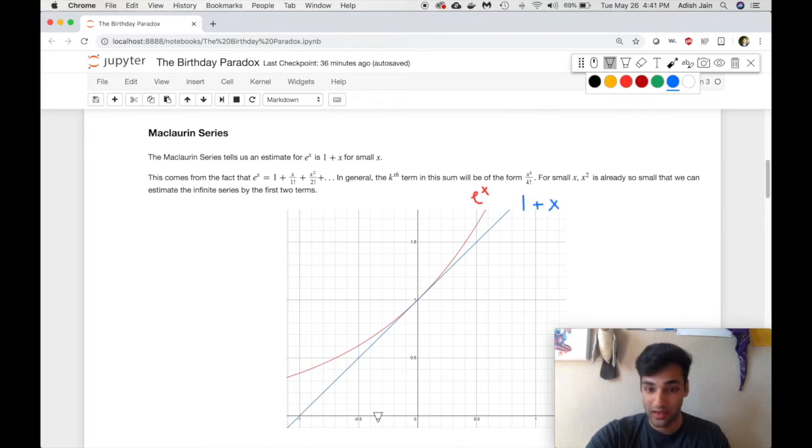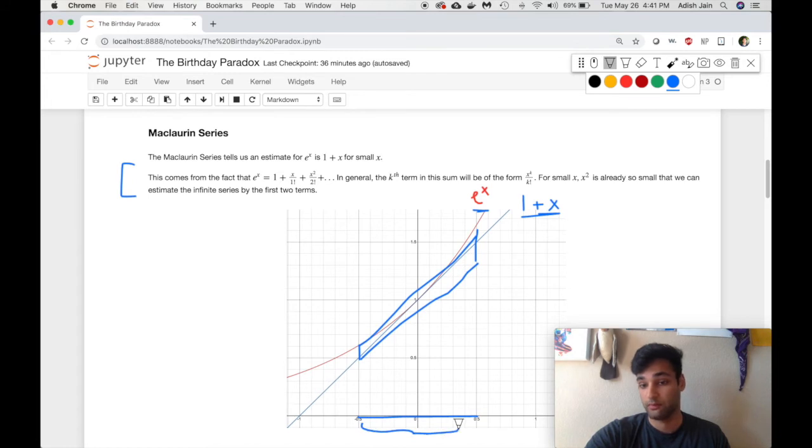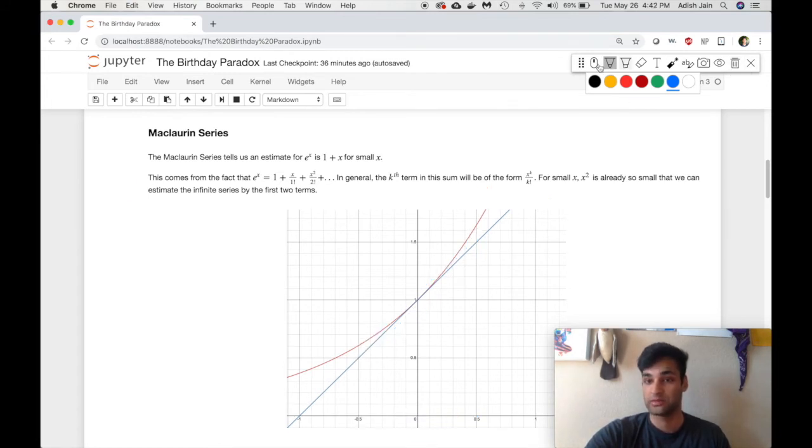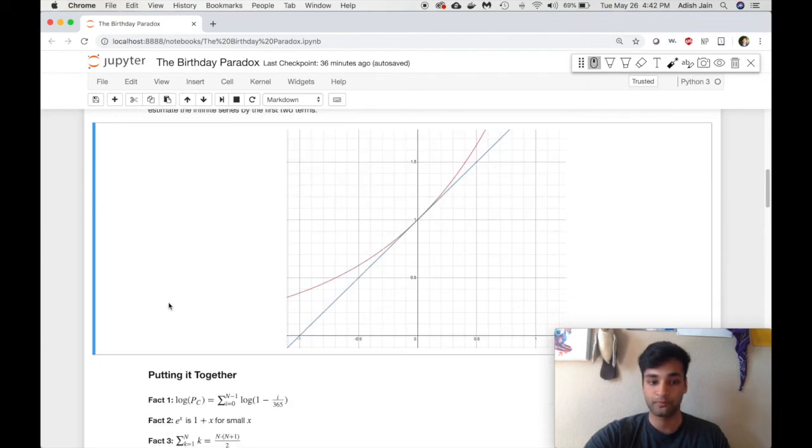You can see that when x is really small, like in this domain, these two functions are very, very close to each other. That's all that this math is basically saying. It's saying that this function is a good approximation for this function when the domain x is really small. And for us, that x is going to be very small, and we'll see why.